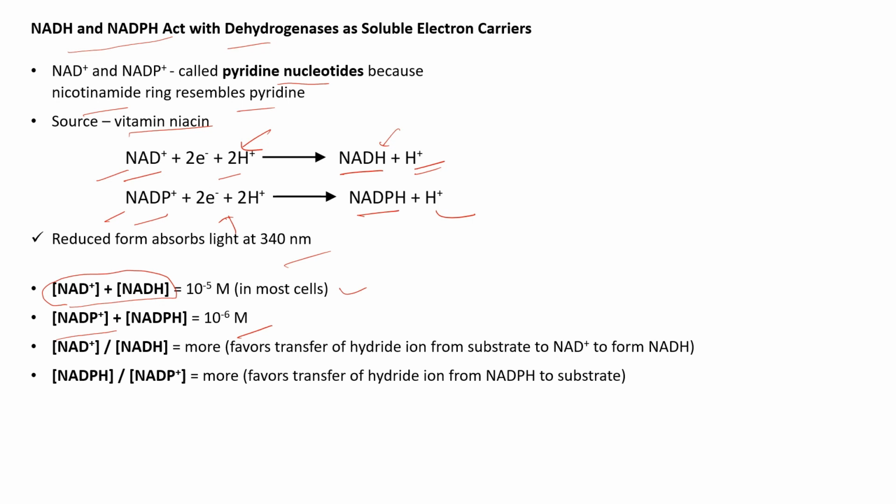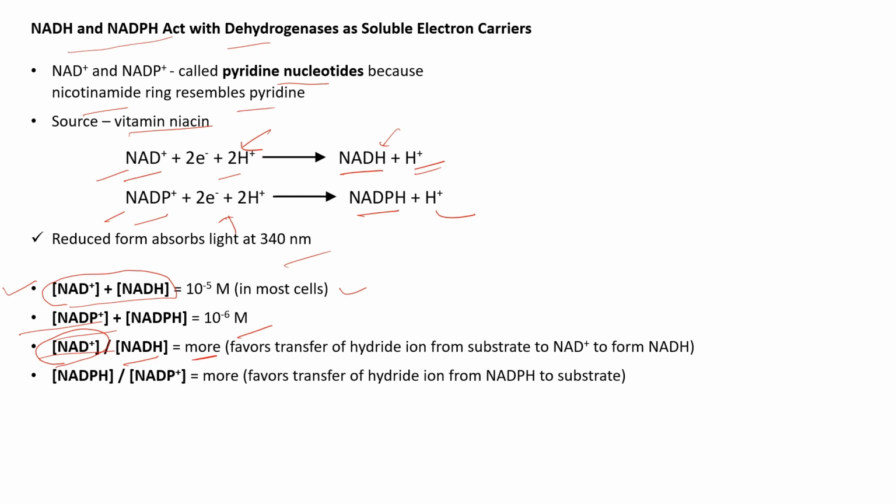So in a cell, the concentration of NAD plus and NADH is more compared to NADP plus and NADPH. If you see the ratio between NAD plus and NADH, that means the oxidized and the reduced forms of NAD, the oxidized form is more. Clear? That means it helps to oxidize the substrate.